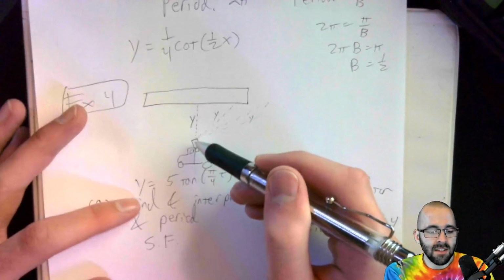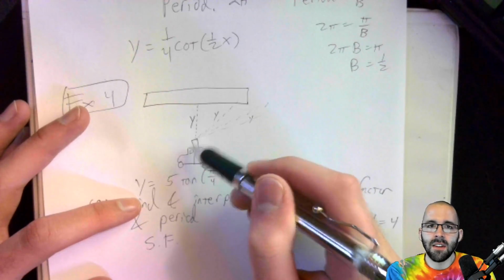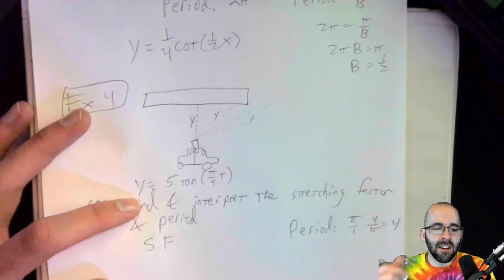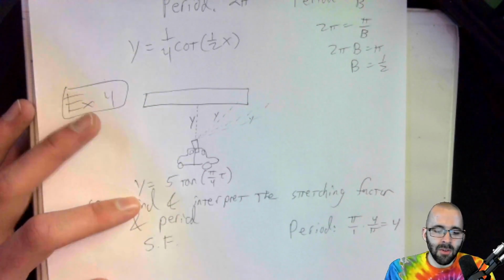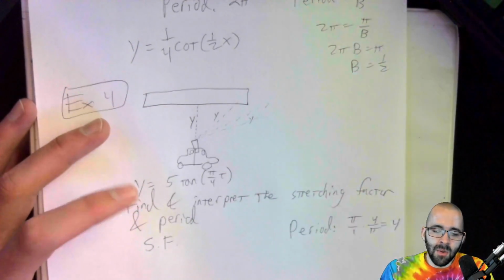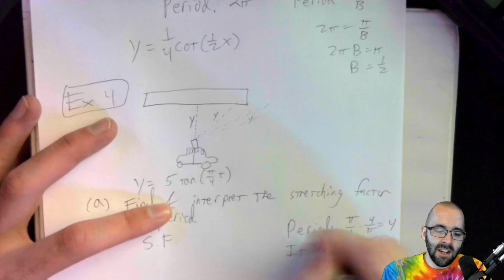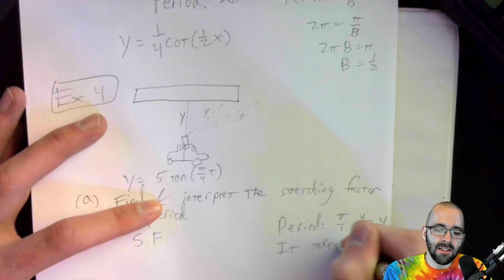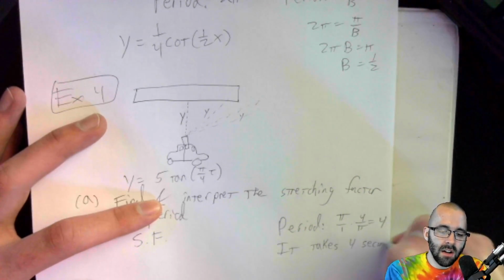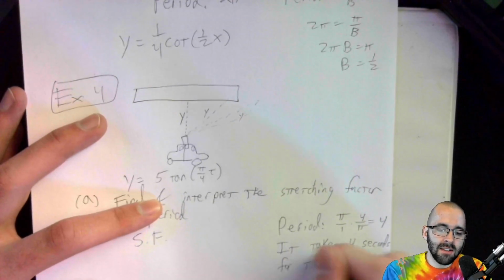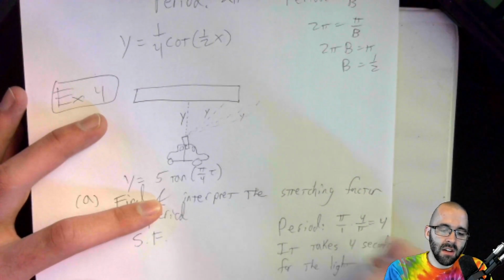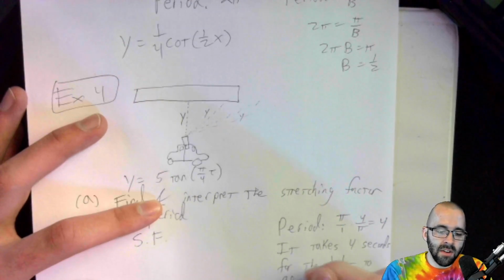Well, the distance has to do with the lights. So essentially, this is how long does it take for the entire light to turn around, and it's going to take, well, what is t? T is the time in seconds. So that tells us that it takes 4 seconds for the light to go all around.